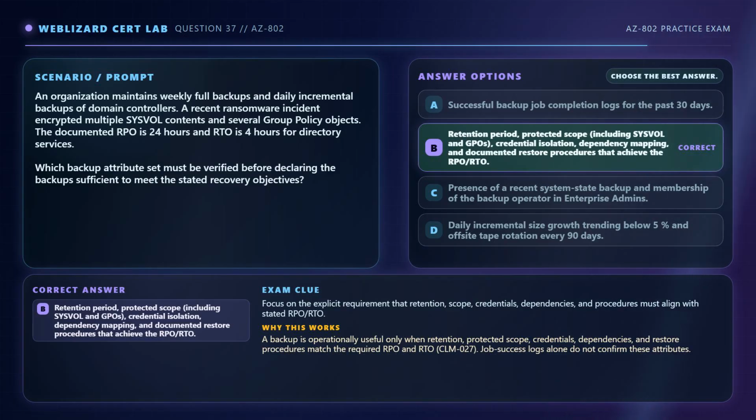Job success logs alone do not confirm these attributes. Exam clue: focus on the explicit requirement that retention, scope, credentials, dependencies, and procedures must align with stated RPO/RTO.